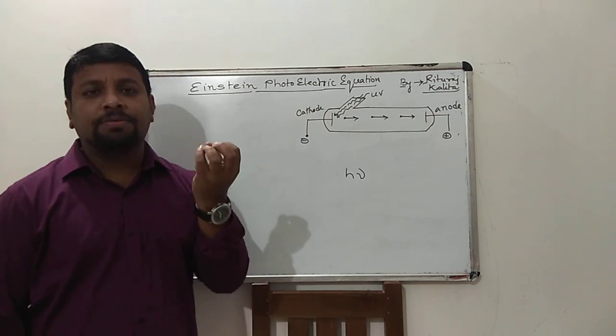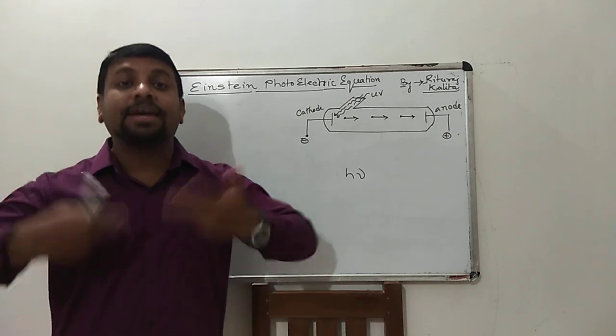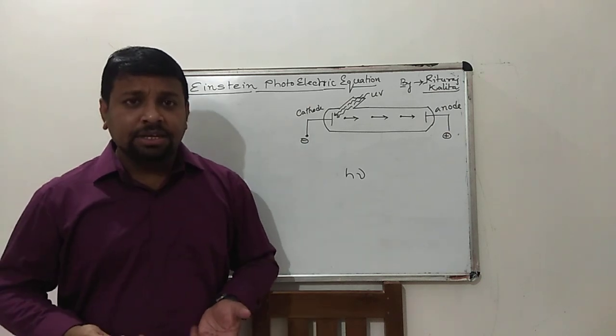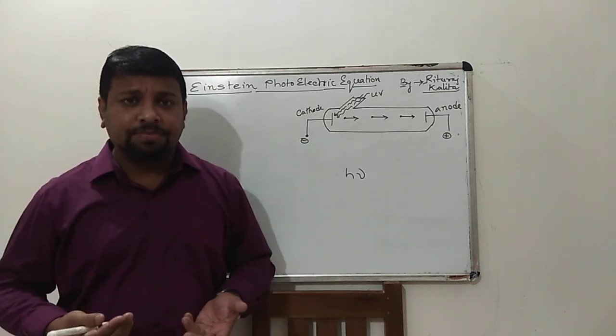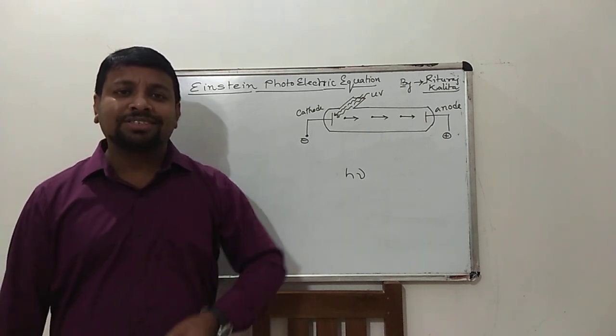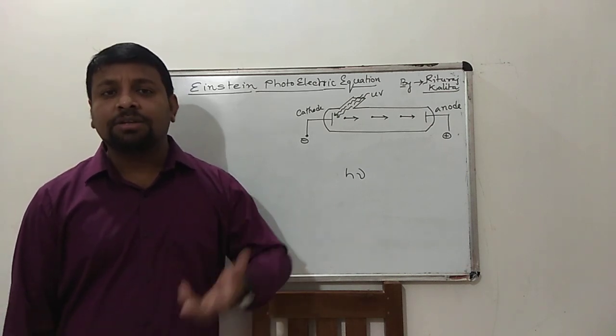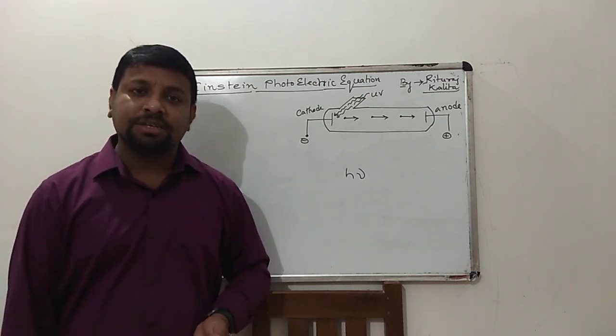electrons of the metallic surface absorb this light energy, for which these electrons become excited. Then after excitation they are released from the outermost shell of the metallic surface, liberated or ejected from it.